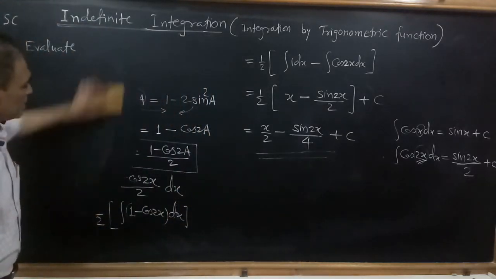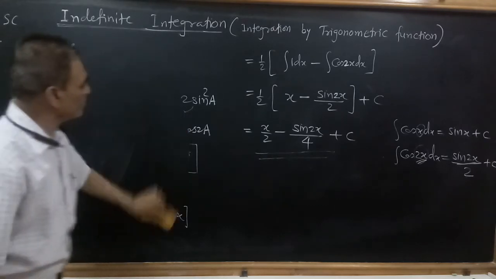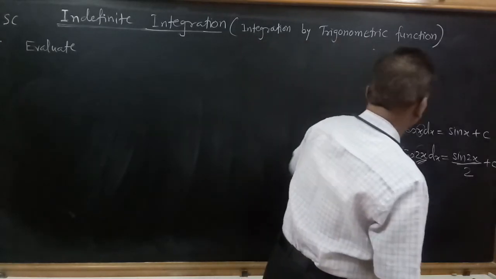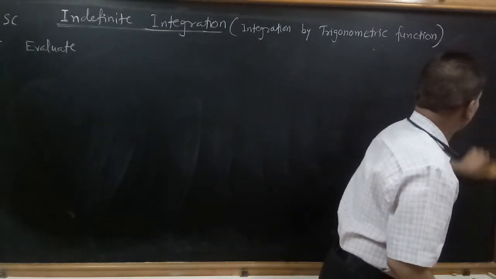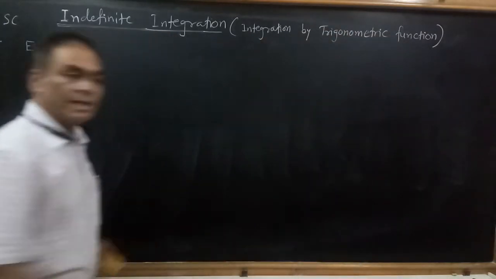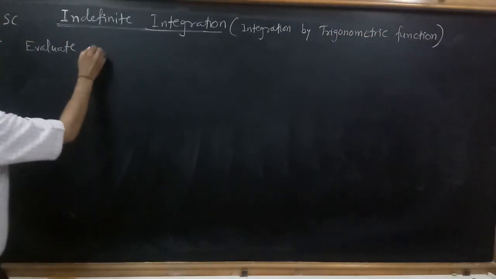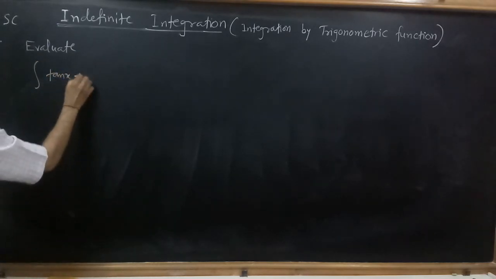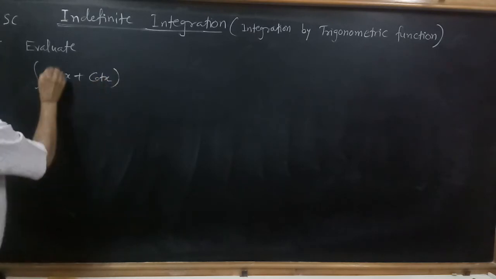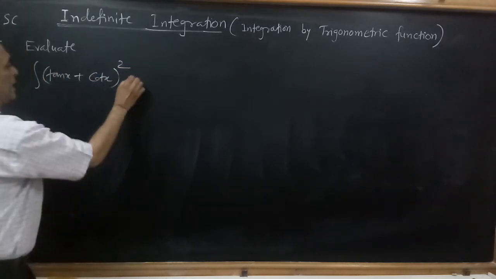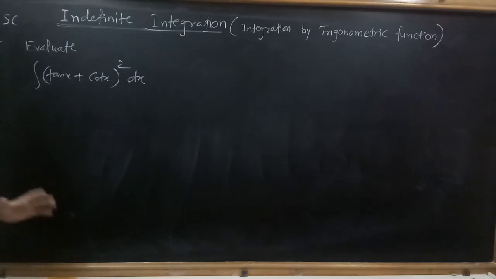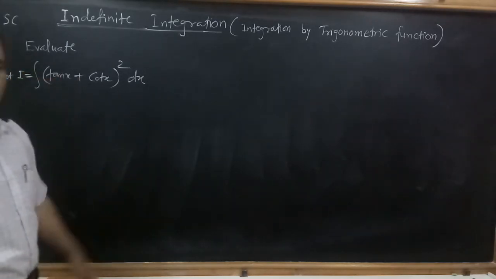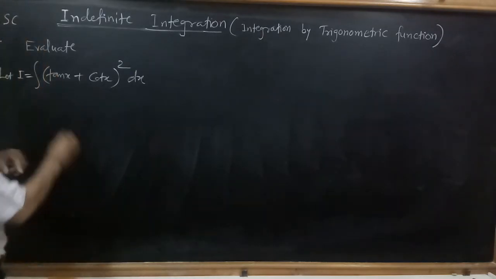Then another question is like this. Evaluate integration of (tan x plus cot x) whole square dx. First of all, consider I equal to the given integration and expand this bracket.